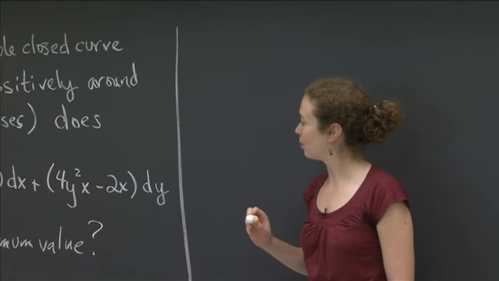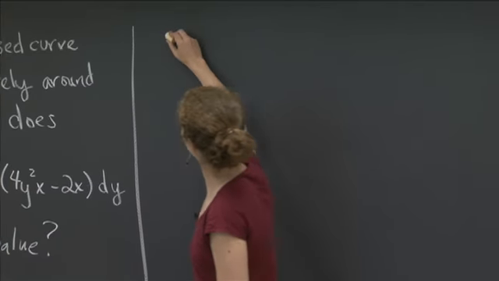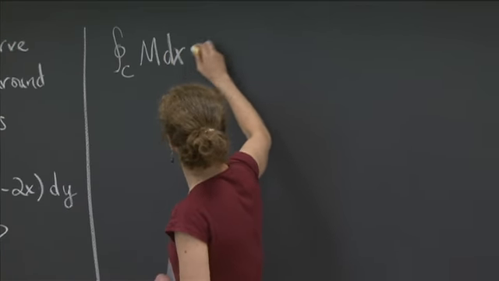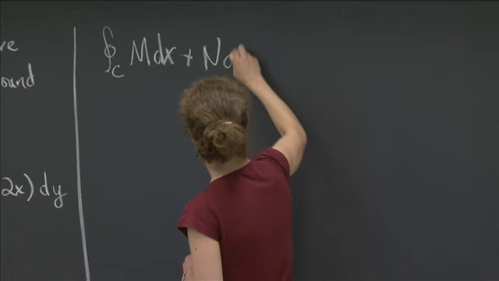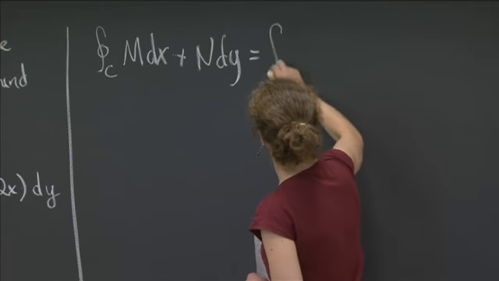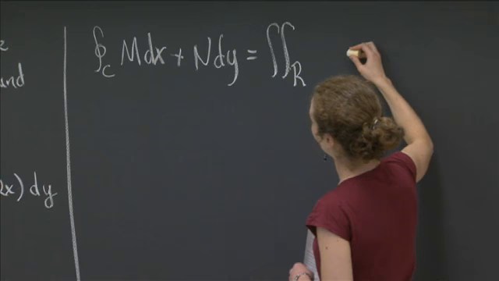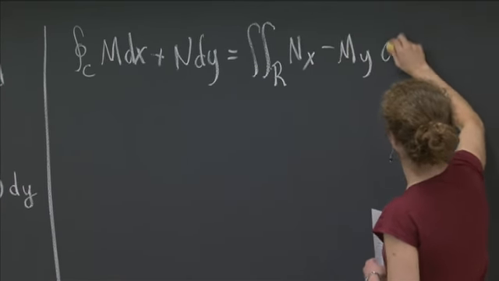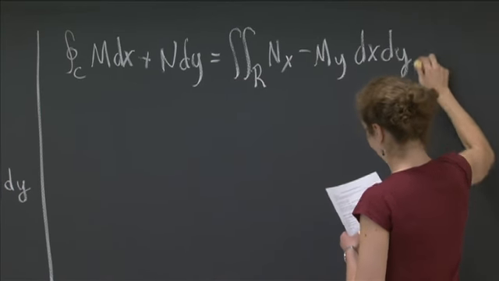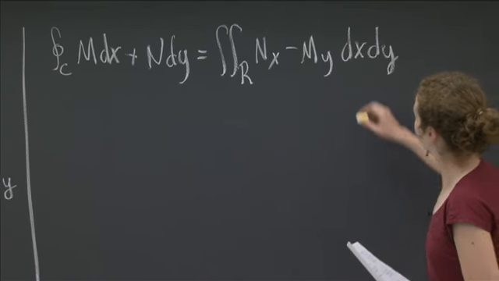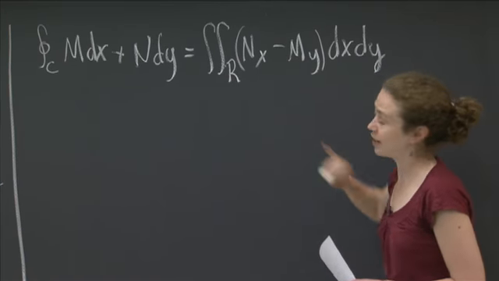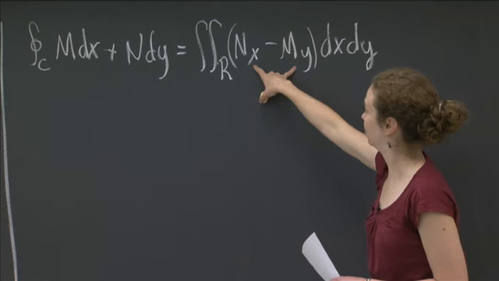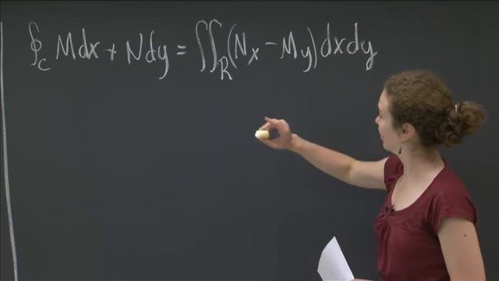We're going to use Green's theorem to help us. What we want to remember is that the integral over C of m dx plus n dy can be written as the integral over R of n sub x minus m sub y dx dy. I'm just going to show you what these are, not take the derivatives for you.